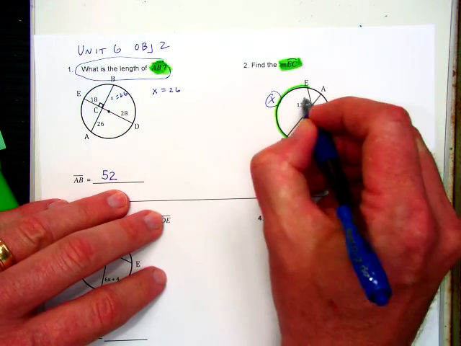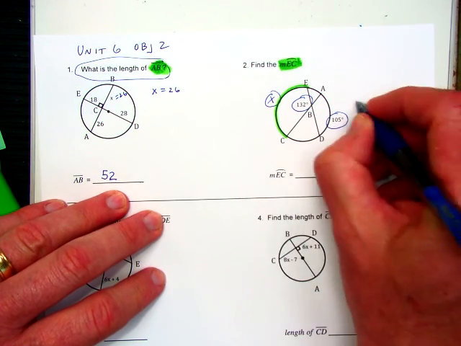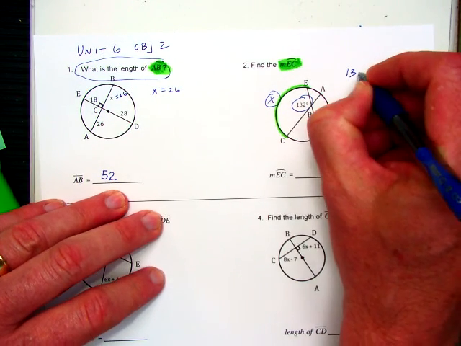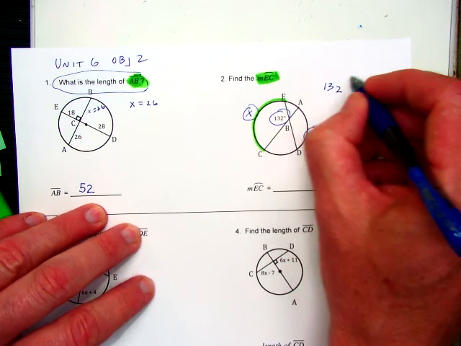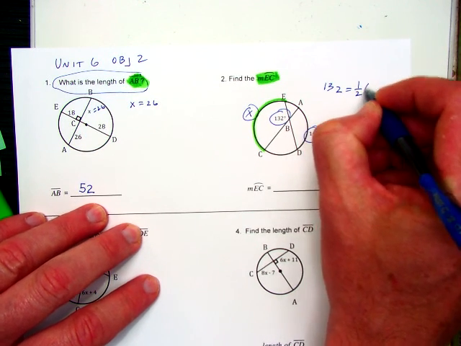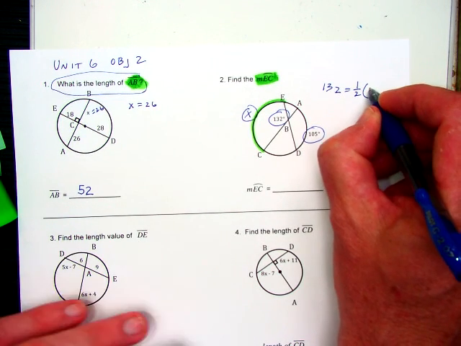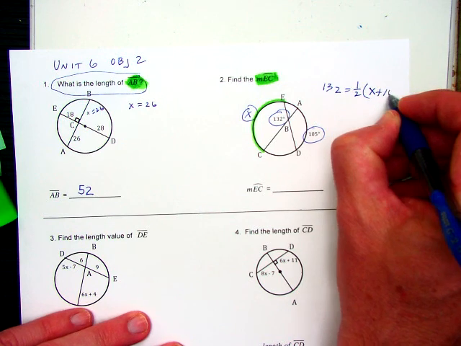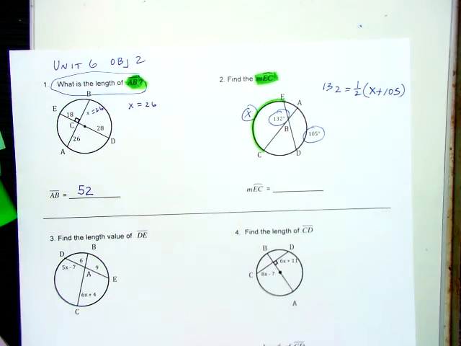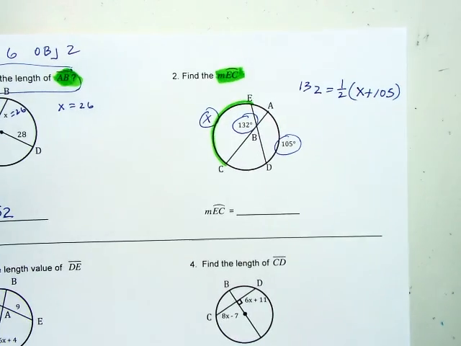So we're going to say the one in the middle, which is 132, is equal to half the sum of the other two, which is x plus 105. Okay, so that's our setup. All right, so I'm going to go solve for this now.